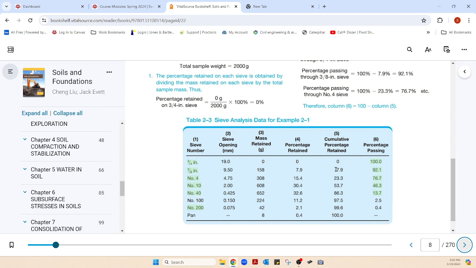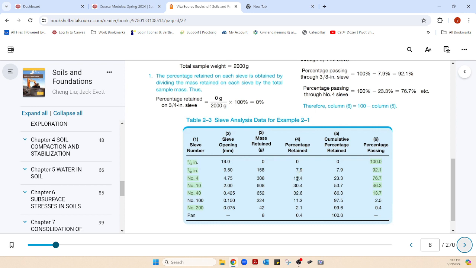Now, to get the cumulative percentage, you take the last percent retained, which is 0, and add it to this to get the cumulative. So 0 plus 7.9 is 7.9. So the cumulative percent retained here in the 3/8 inch sieve is 7.9%. Now, we move down.